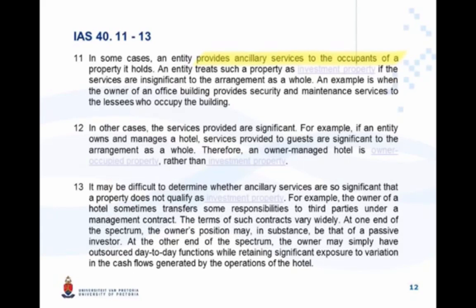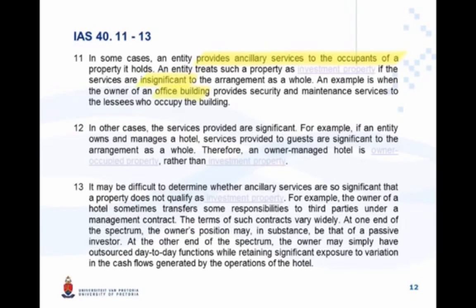An entity treats such a property as investment property if the services are insignificant to the arrangement as a whole. An example, when you are the owner of an office building that provides security and maintenance services to the lessees who occupy the building, that security and maintenance services can be considered insignificant, and you can therefore classify that property as investment property.